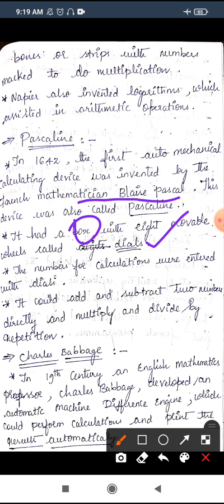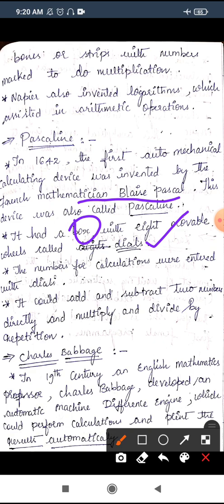Using the dials for calculation, as soon as you enter a number on the dials, the next number can be dialed. It could even add and subtract two numbers directly, and multiplication and division were done by a repetition process.